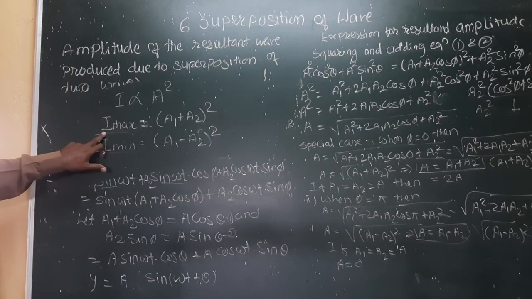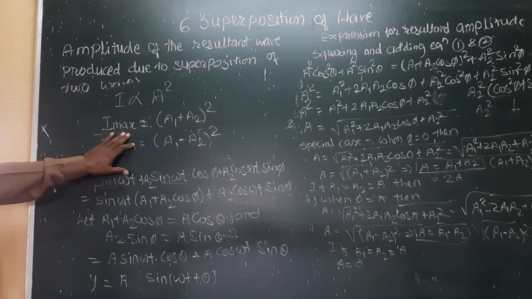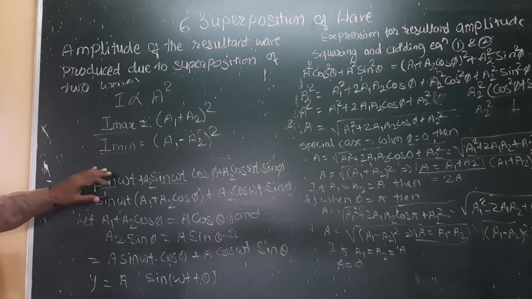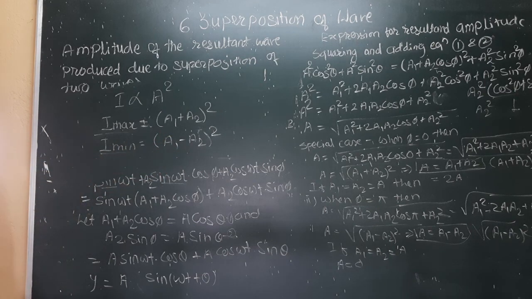So when the resultant amplitude is maximum, intensity is maximum and its value is (a1 plus a2) whole square. When the resultant amplitude is minimum, then intensity is minimum and its value is equal to (a1 minus a2) whole square.